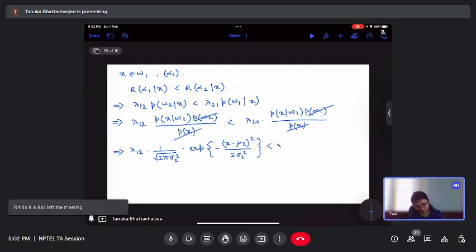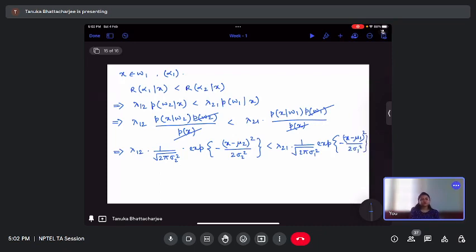Similarly, for omega 1 it will be 1 by root over 2 pi sigma 1 square, exponential of minus (x minus mu 1) whole square divided by 2 sigma 1 square. This is with mean mu 1 and standard deviation sigma 1. So, here also these two cancel out, and now what we will do is we will take the log of this.